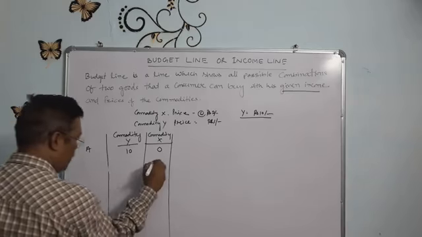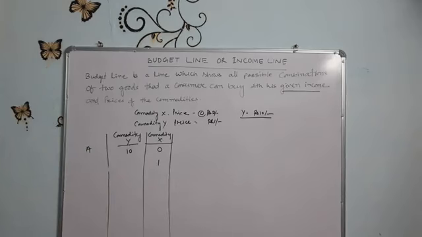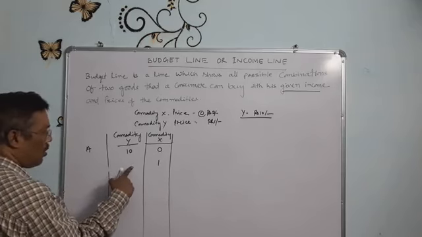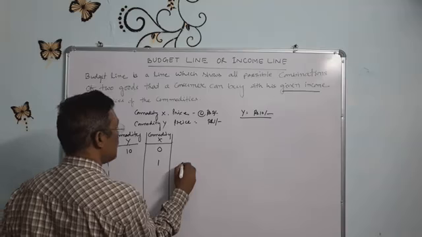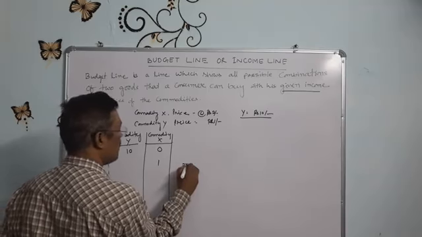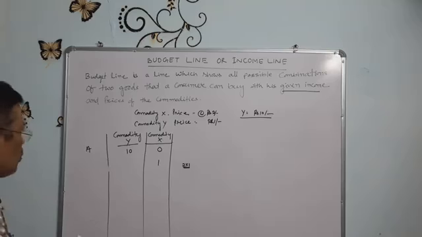If you purchase 1 unit of commodity X, then how much of commodity Y can you purchase? The price of X is rupees 2, so 2 into 1, 2 rupees is spent, and the remaining 10 minus 2 is 8 rupees.